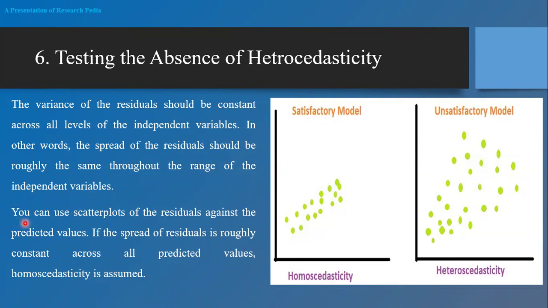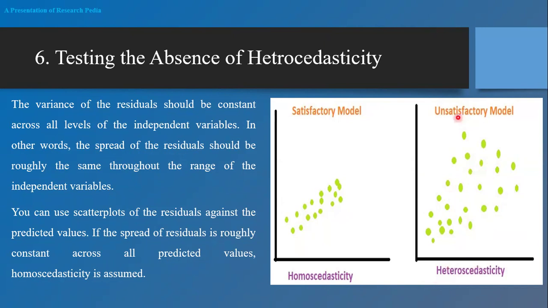But if you find that the residual is not equal across all levels, across all parts of your data, and it looks like this, then it is a case of heteroscedasticity. Heteroscedasticity means that the variance is not equal at all levels or all points of the independent variables.